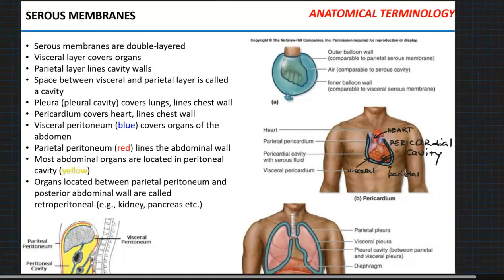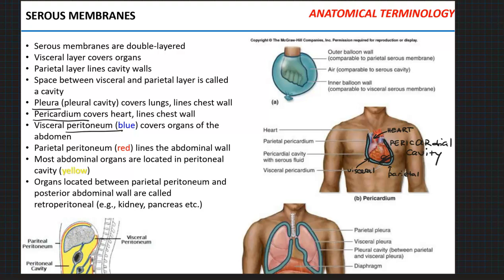You have pericardium, you have pleura, and you have peritoneum. Visceral pleura covers the lungs. Parietal pleura lines the pleural cavity.